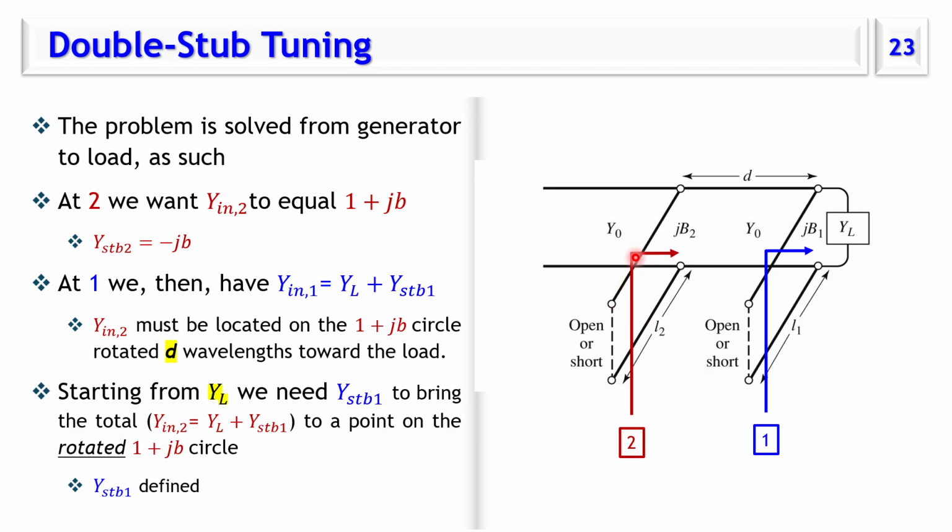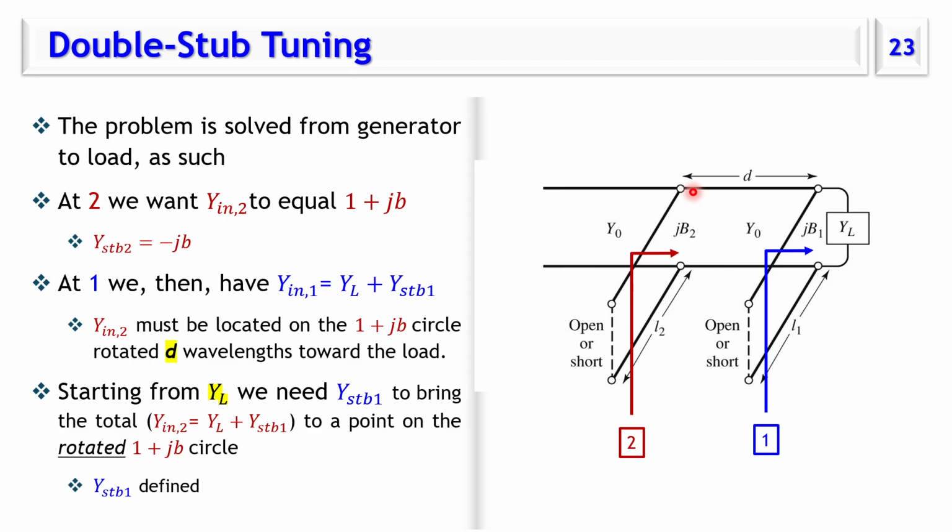From here, at point 2, we want the input admittance at this point, looking here, to equal 1 plus jB. Then we choose jB2 to be the negative of that. So the total input admittance would equal 1 at this point.